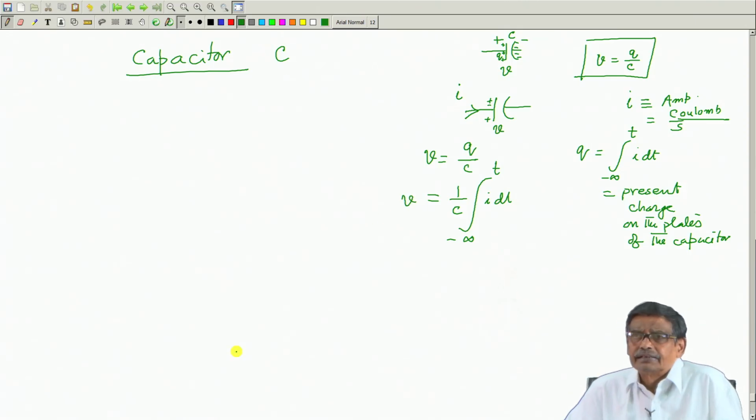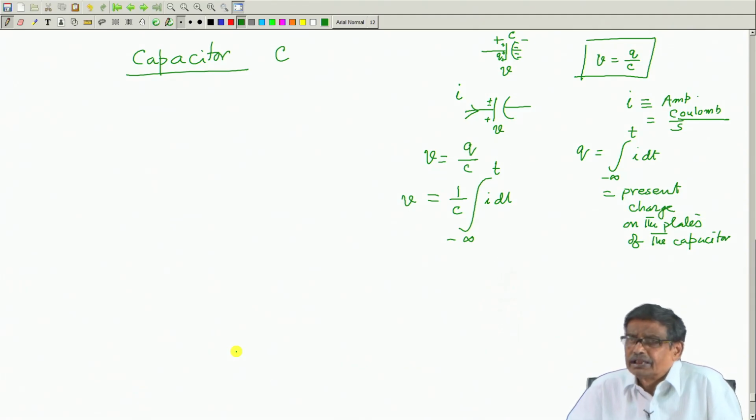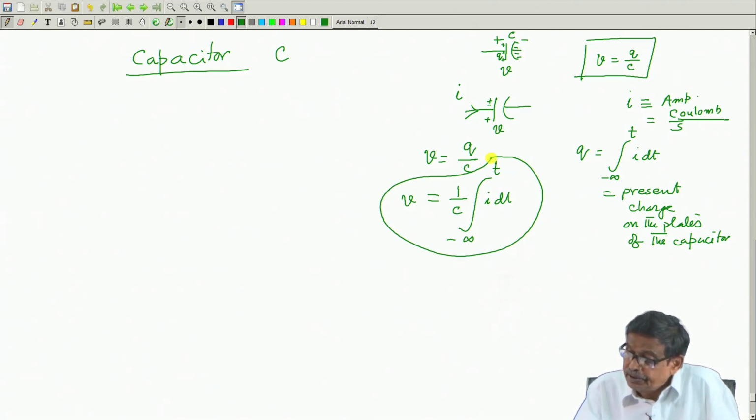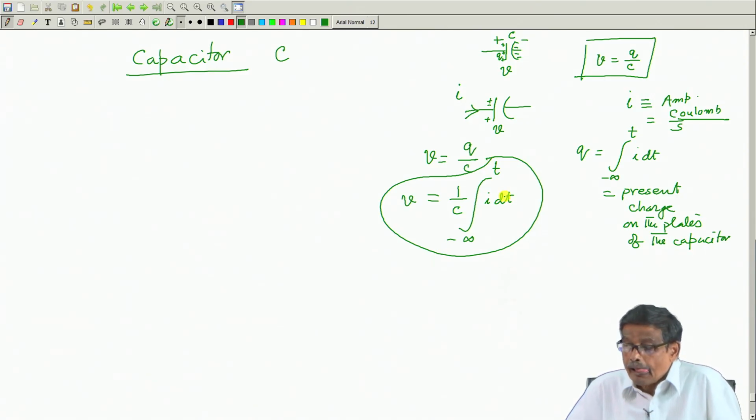While analyzing the circuit, we will not go to the extent of Q, because circuit solution means voltage and current. We do not go generally up to Q. So, this is the relationship between voltage and current across the plate of a capacitor.